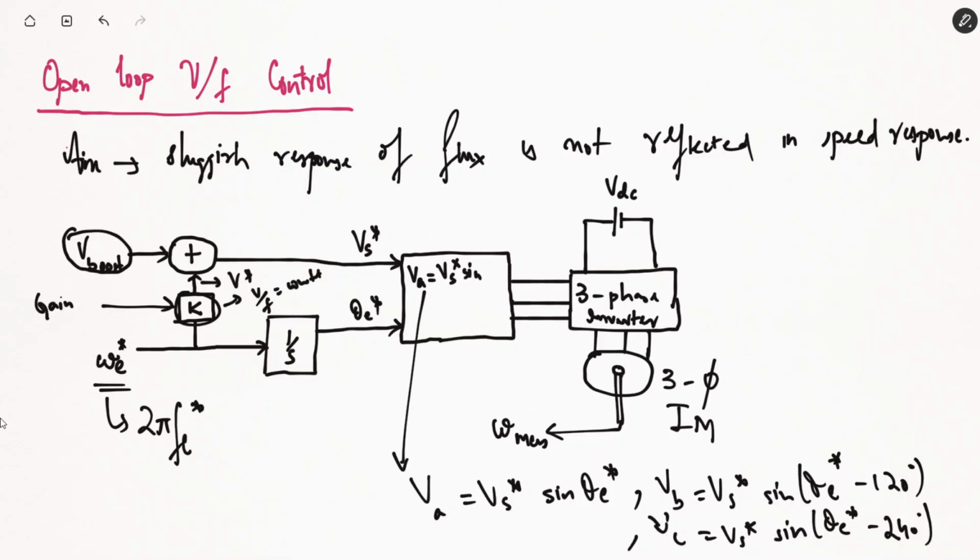Now, what is the role of this V boost here? So why do we need V boost? The thing is that once we lower the voltage, say for example we are decreasing the frequency, accordingly the voltage will also decrease, so that the ratio V by F remains constant.